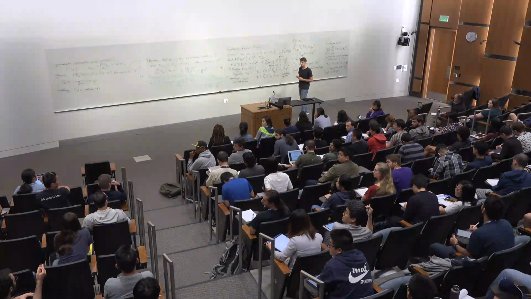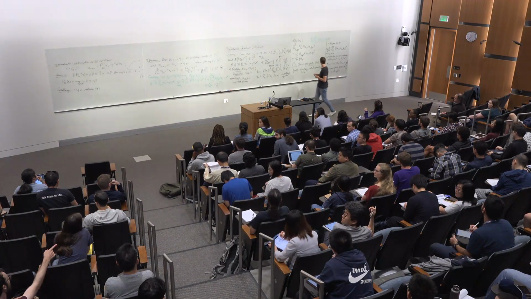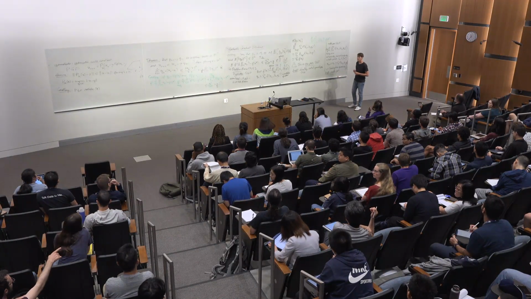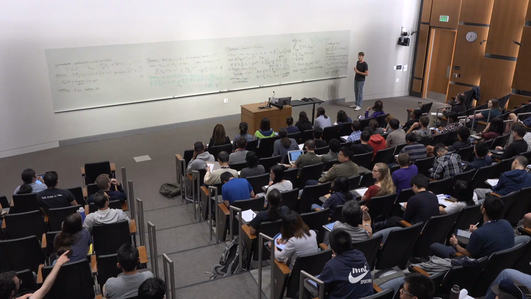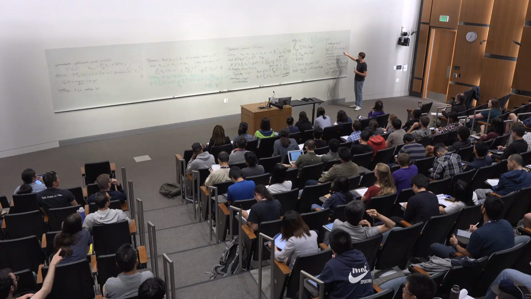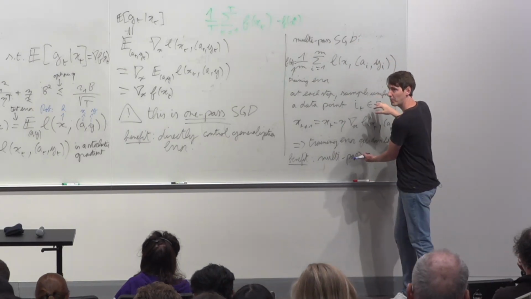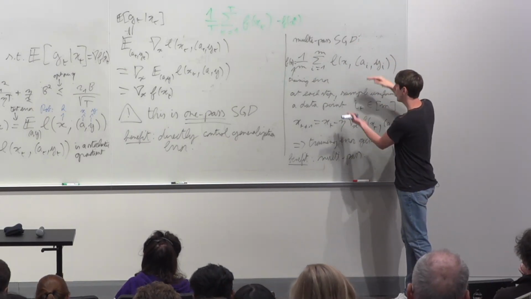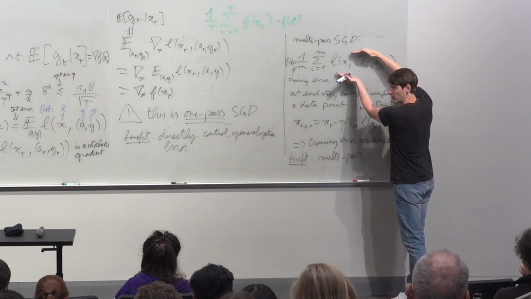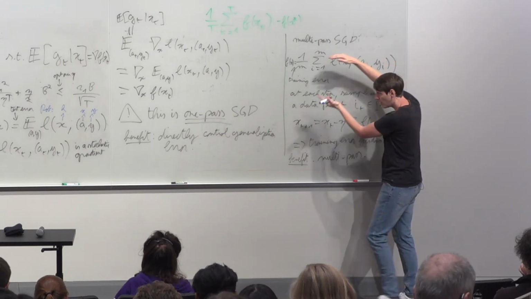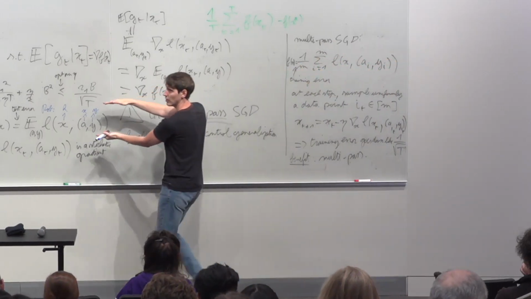Is there an expectation on the empirical average over the L's? Here? Okay, very good. The key point is no. There is no expectation. What I'm saying here is when you do multiple pass SGD, you're optimizing the training error, not the generalization error.